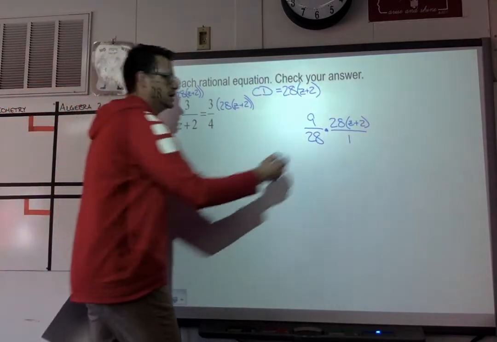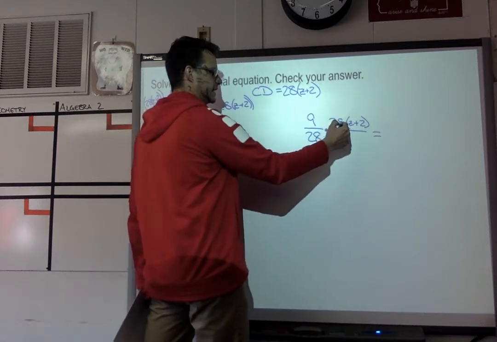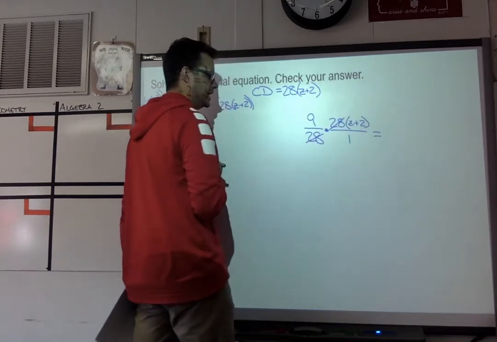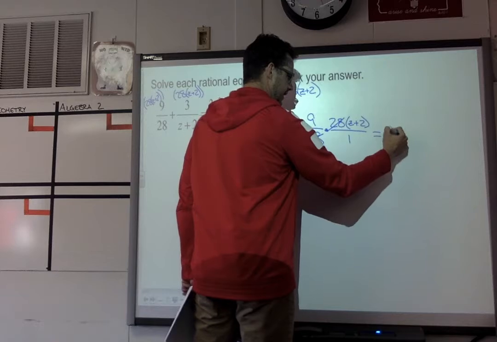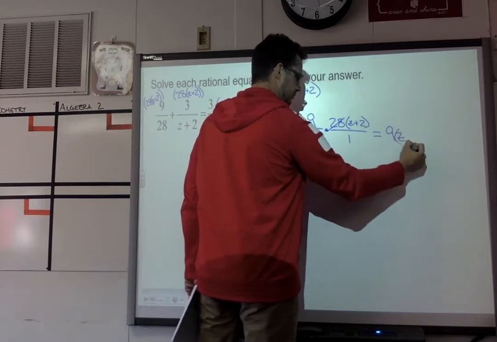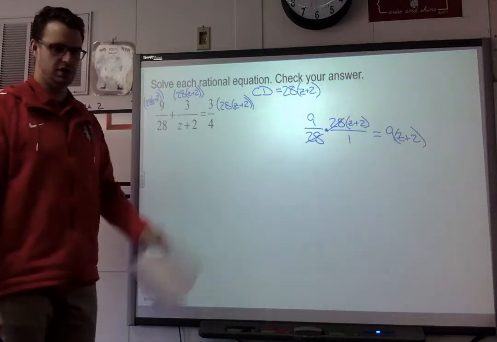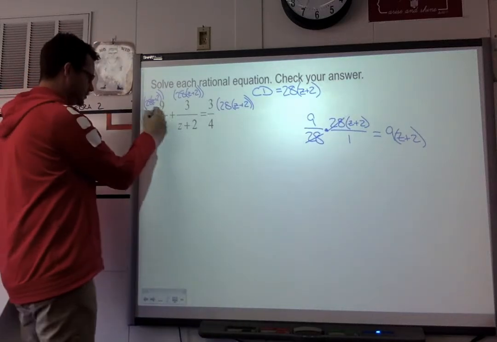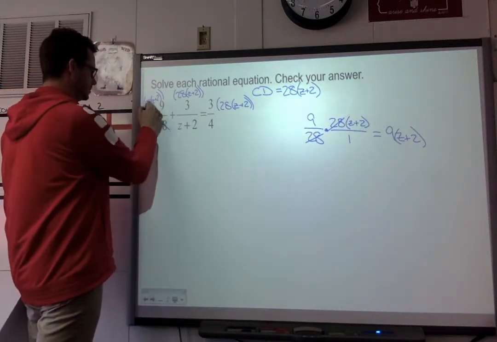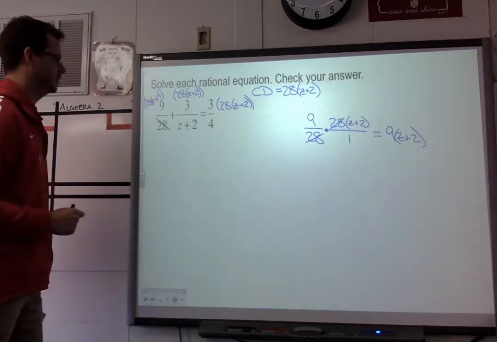So now I can cancel my 28s, and I end up with 9 times z plus 2 over 1. So here, my 28s cancel.